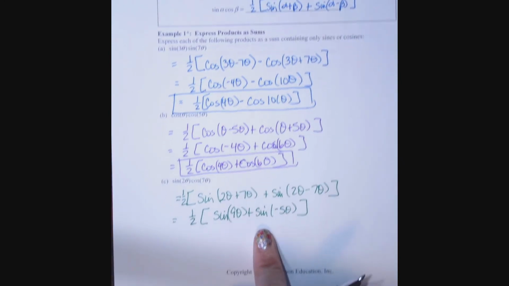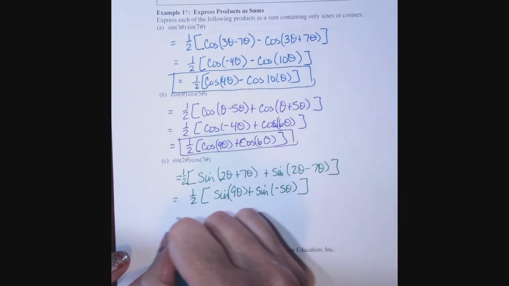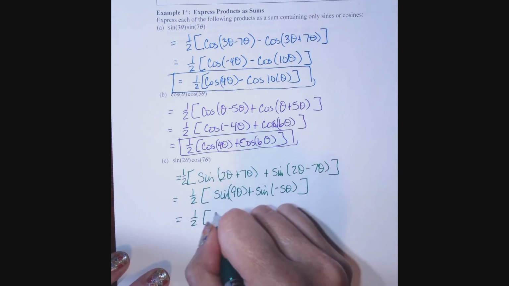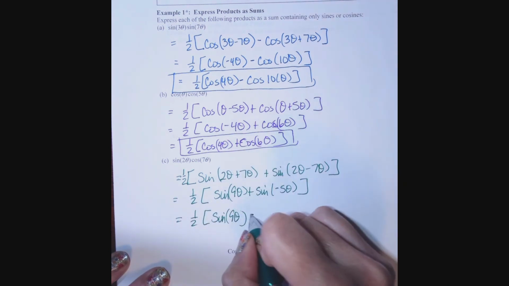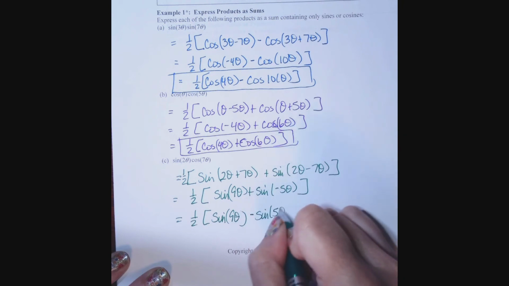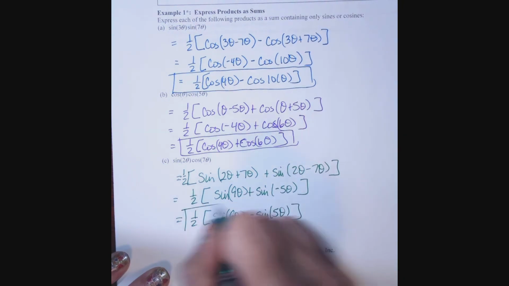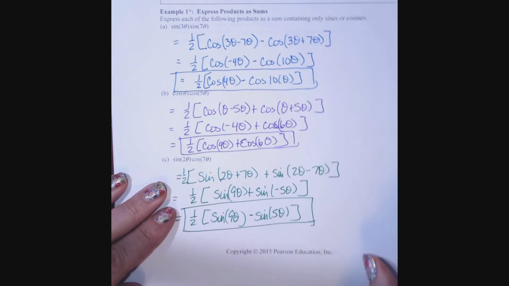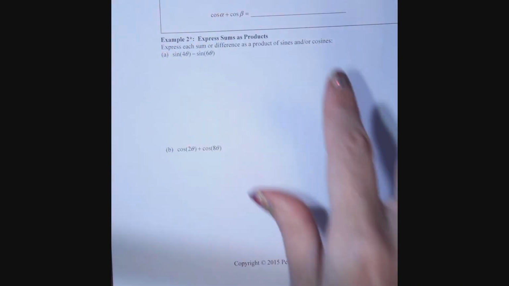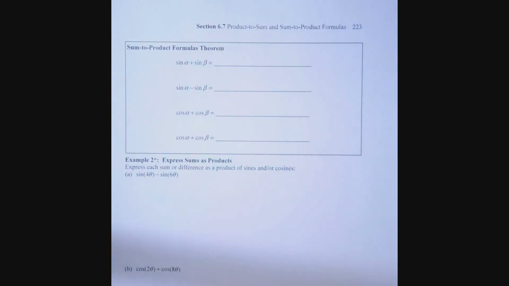And sine is an odd function. So that needs to be simplified to 1/2 times sine of 9 theta minus sine of 5 theta. Here we remember not to leave that negative in our argument. When you're working through any written assignments for me, I do want to see steps. I want to see things neatly organized, neatly arranged, and I want to see work so that I know you didn't just copy an answer down from someone.